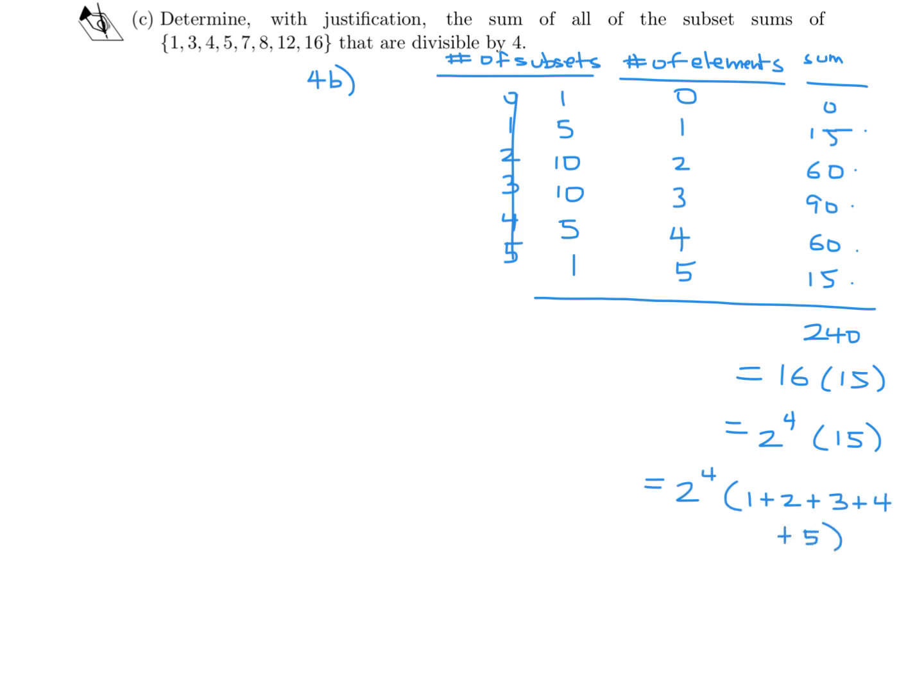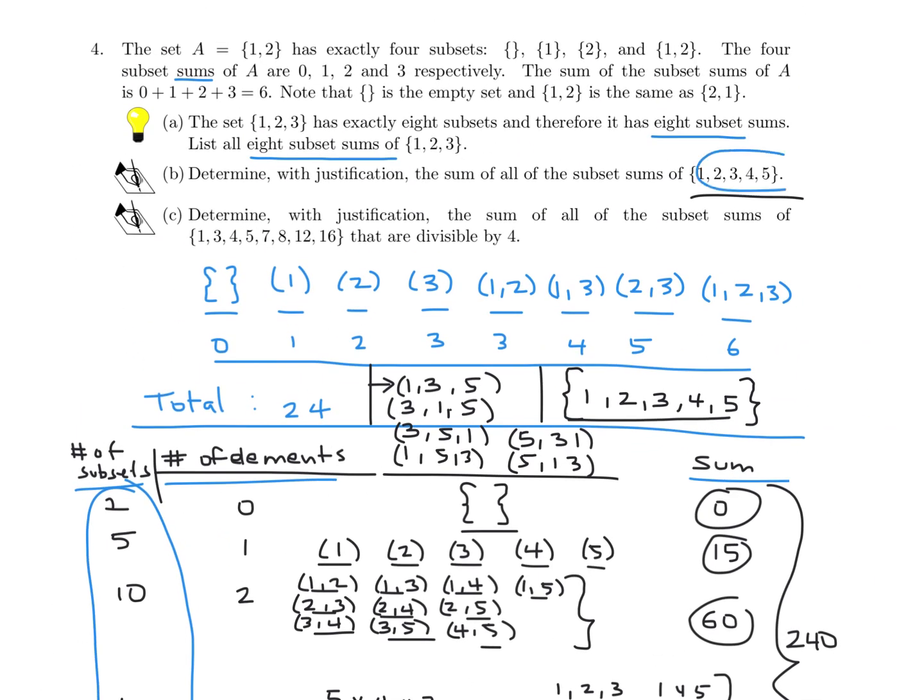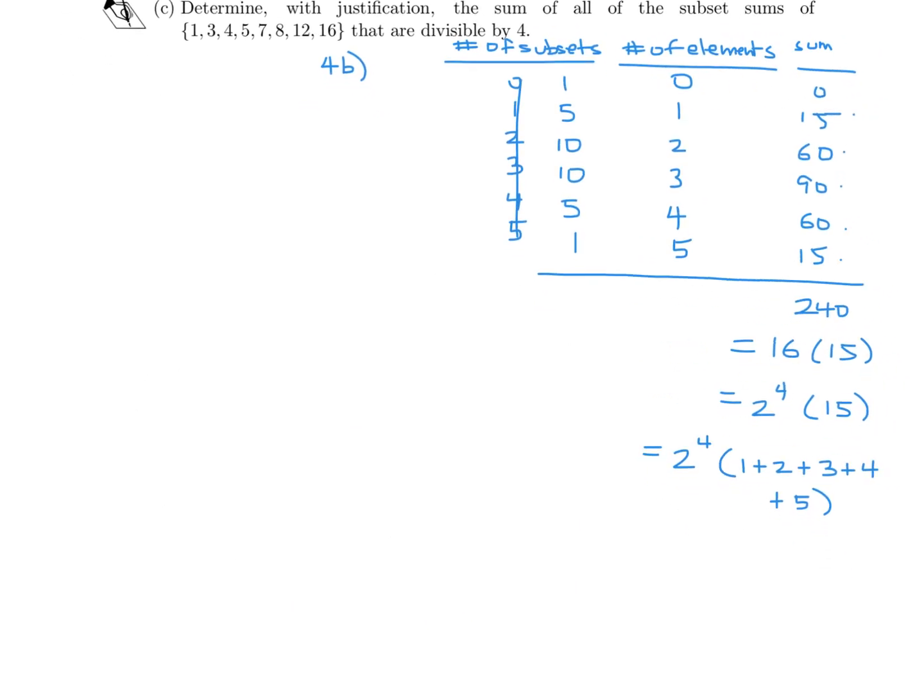Then I went back and said, well, my original set was 1, 2, 3, 4, and 5. Well, that looks a lot like that guy. And then this, 2 to the power of 4, immediately doesn't give me anything, but perhaps that 4 is referring to the number of elements in the set, or 1 less than the number of elements.